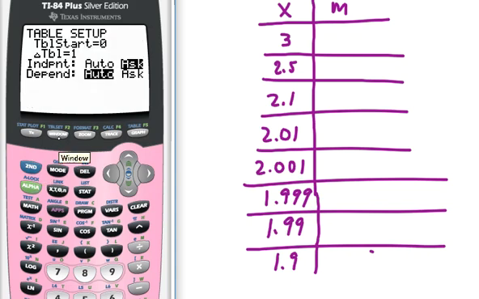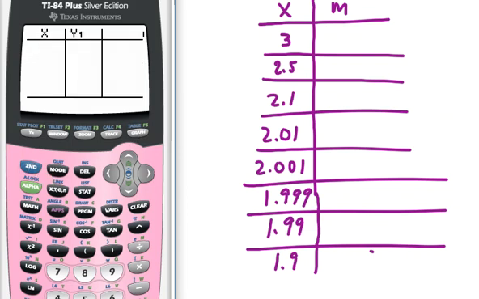So if you hit second window, most calculators default to both of these, independent and dependent, as auto. We want independent to be on ask for this. If our independent is on ask, when we go to the table, it'll give us a blank table, and I can type in 3, and I can type in 2.5 and 2.1 and 2.01, 2.001.